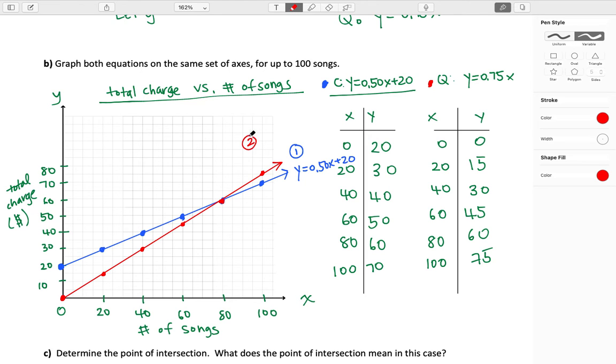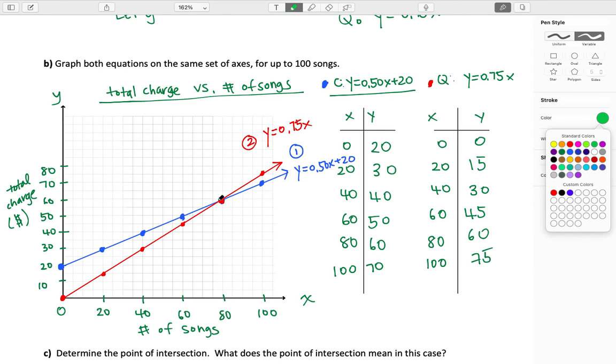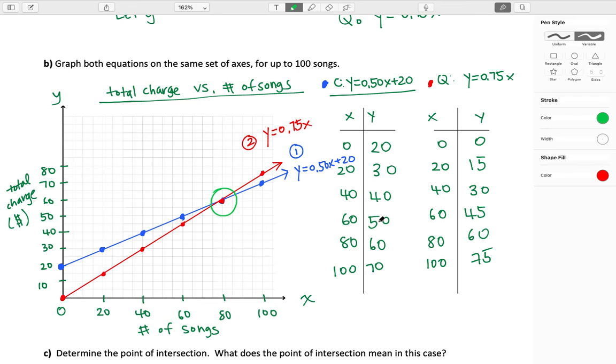So for equation 2, y is equal to 0.75x. It looks like we have a point of intersection here when it's at 80. So my point of intersection is (80, 60).